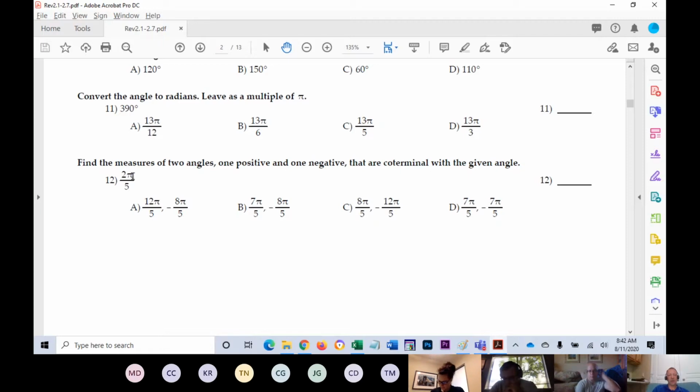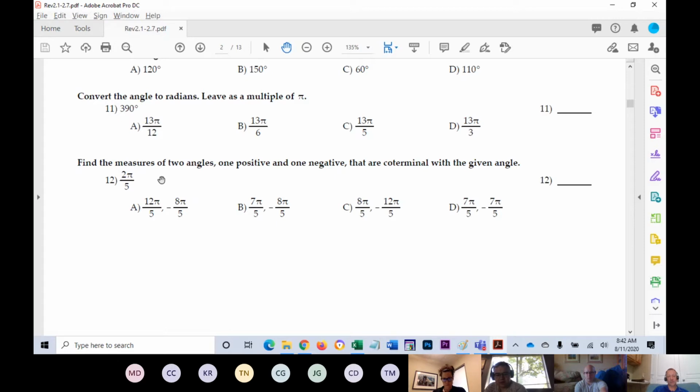So if I add 10 pi over 5, that's going to be 12 pi over 5, right? And then if I subtract 10 pi over 5, 2 minus 10 is negative 8. Negative 8. So this would be your answer right here. So you're adding and subtracting 2 pi. Is that right?